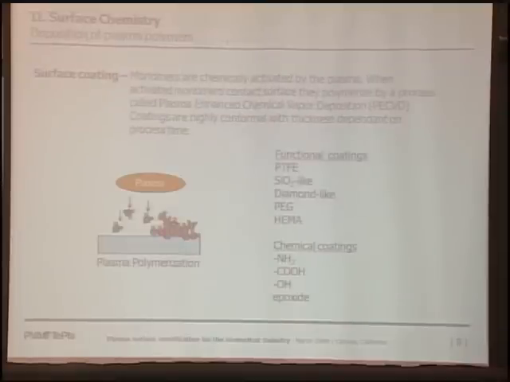And that brings me on to this slide, surface coating. There's a number of different things that we can do with surface coatings. We can either deposit functional coatings or chemical coatings. Now this really is a plasma-enhanced chemical vapor deposition or PECVD process. The functional coatings you can see here, they range from PTFE, quartz-like coatings, diamond-like.